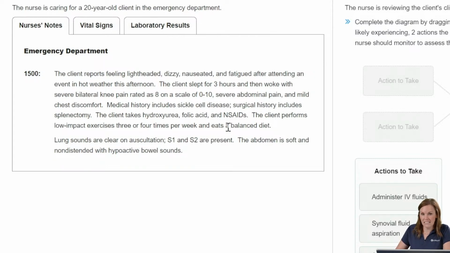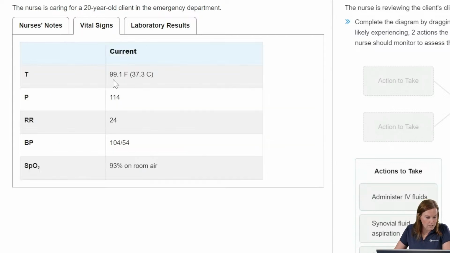So I'm seeing immediately some things jumping out: sickle cell disease. Knowing big picture complications of sickle cell disease would be a vaso-occlusive crisis or sickle cell crisis. So that's what's jumping out to me, an exacerbation of sickle cell. So let's look at vital signs. I'm seeing some elevated heart rate, a little bit elevated temperature.